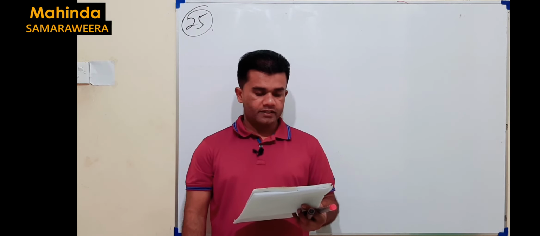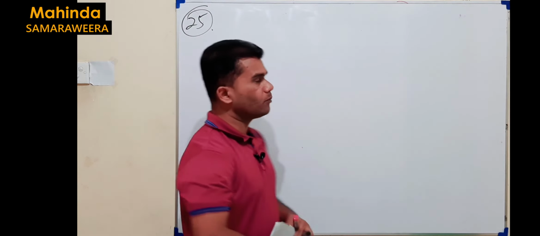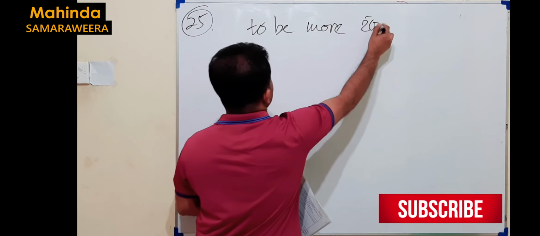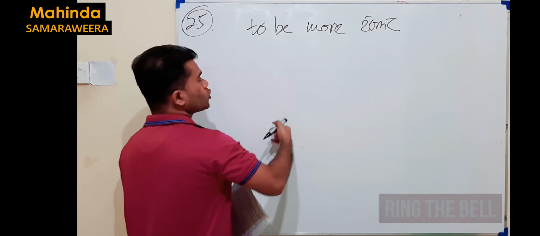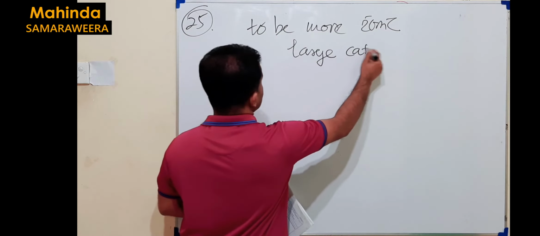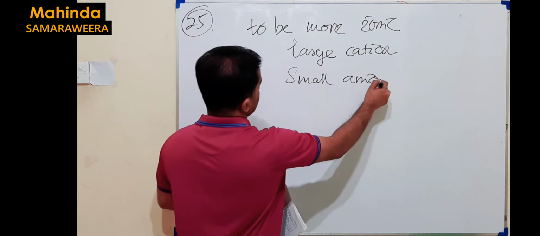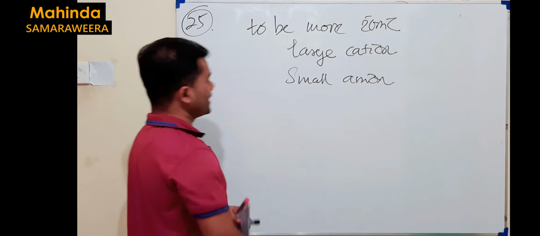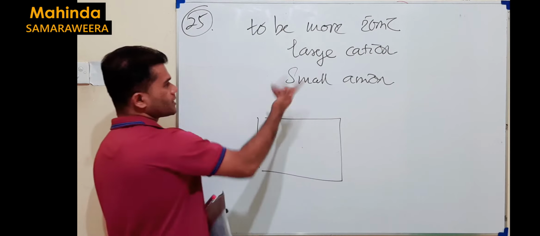It helps predict the relative ionicity of the bond between two elements. Yes, in the case of a metal and a non-metal, to be more ionic, there should be a large cation and a small anion. According to the position in the periodic table, the sizes can be compared.